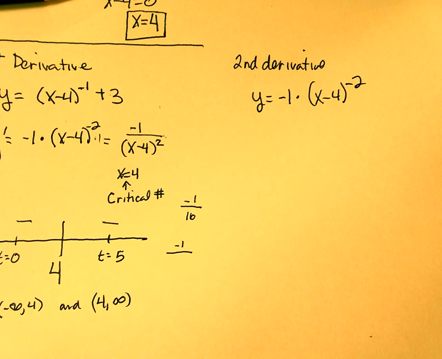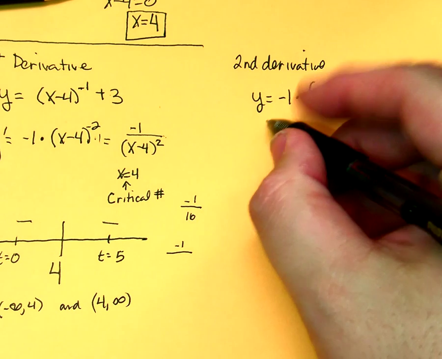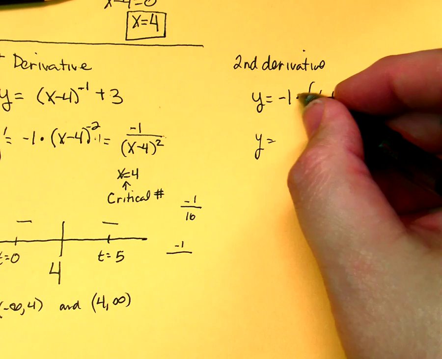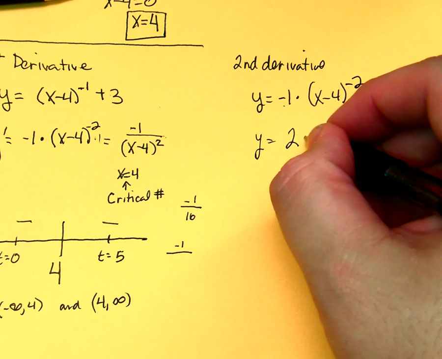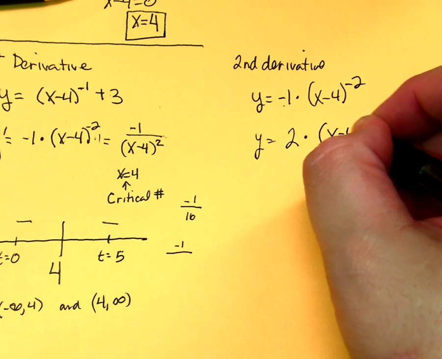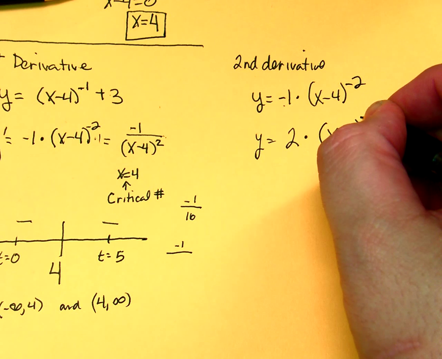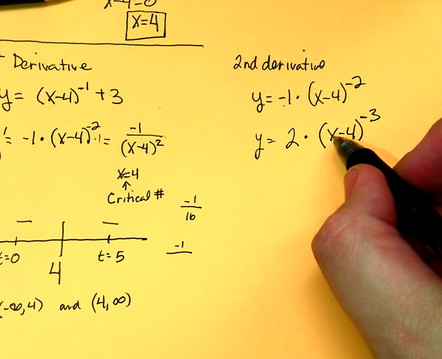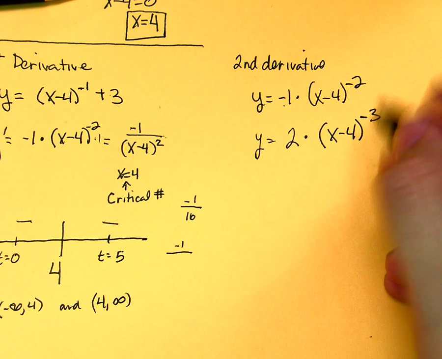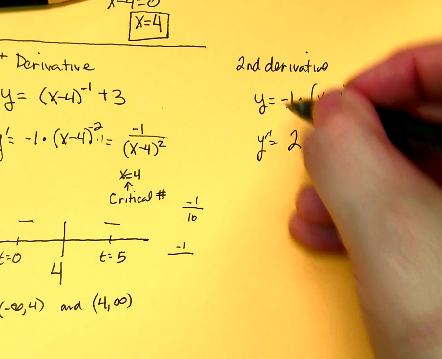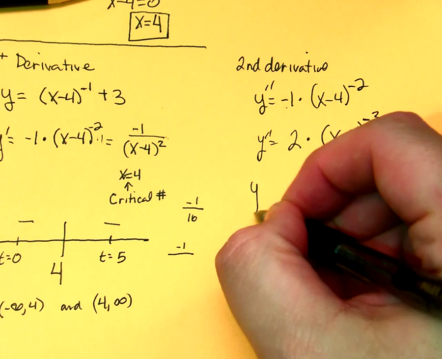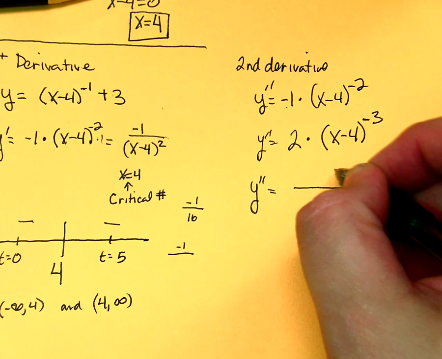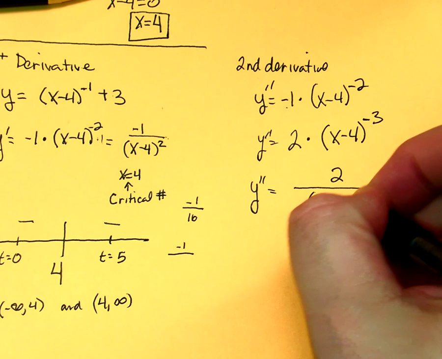So y is equal to negative 2 times negative 1 is 2 times x minus 4 to the negative 3. Chain rule, derivative of x is 1. And I forgot to put double primes in there. So y double prime is equal to 2 over x minus 4 to the third power.